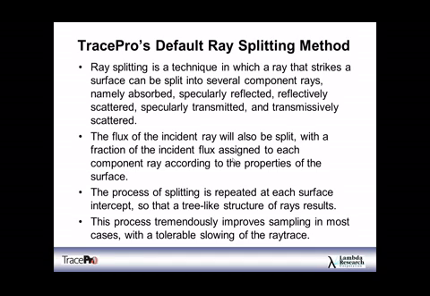The flux of the incident ray is also split, with a fraction of the incident flux assigned to each component ray according to the properties of the surface. The process of splitting is repeated at each surface so that we create a tree-like structure of rays. This process tremendously improves sampling in most cases, with a tolerable slowing of the ray trace.